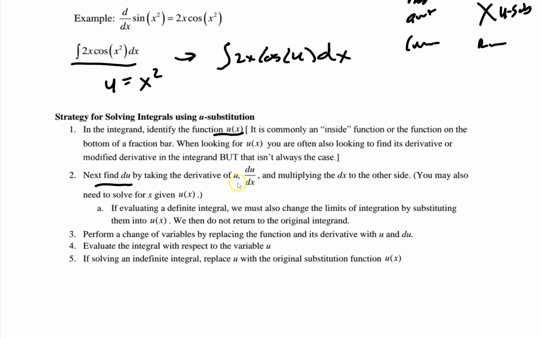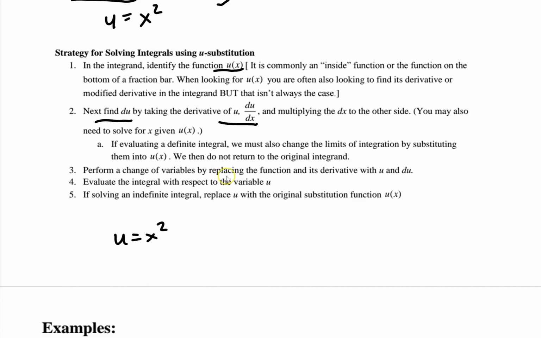The way we do that is by taking the derivative of both sides. So over here, we have u equals x squared. We're going to take the derivative of both sides. Something you focus way more on in AP Calc than we do in IB, but you've got to trust me here. We're taking a derivative with respect to x.